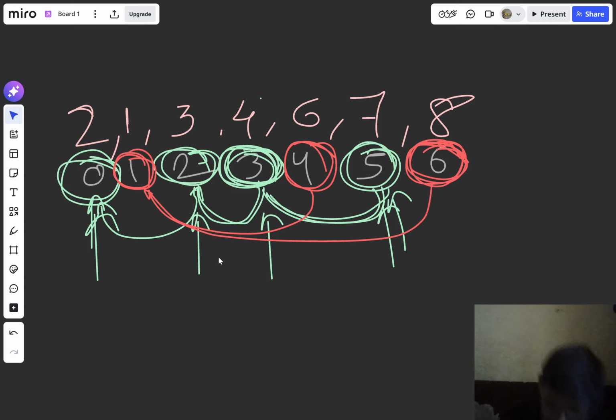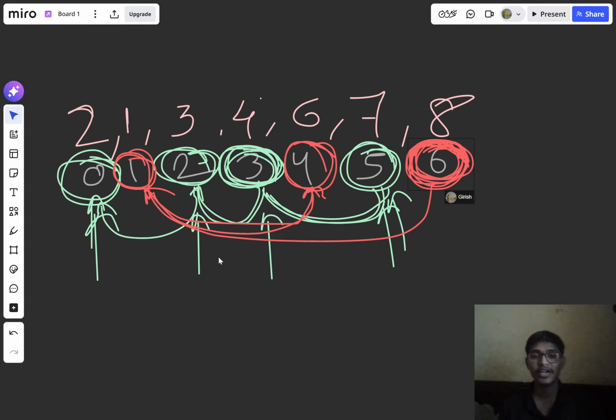If we have to move the number present at the 6th position, it can first move to 1 and then we can move it to the 4th position, the 4th index.